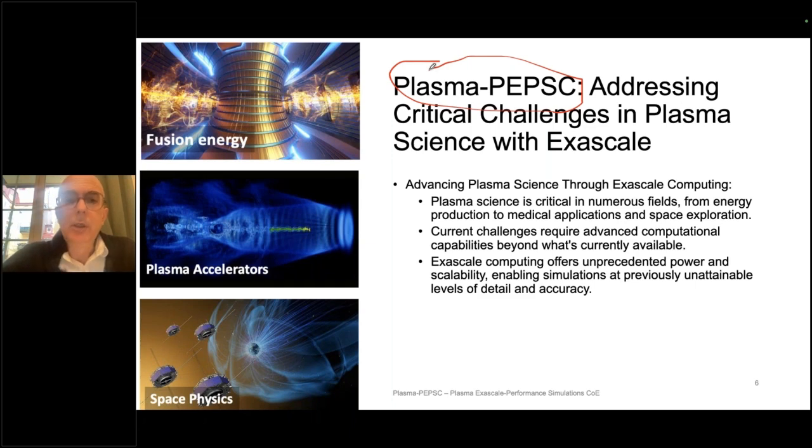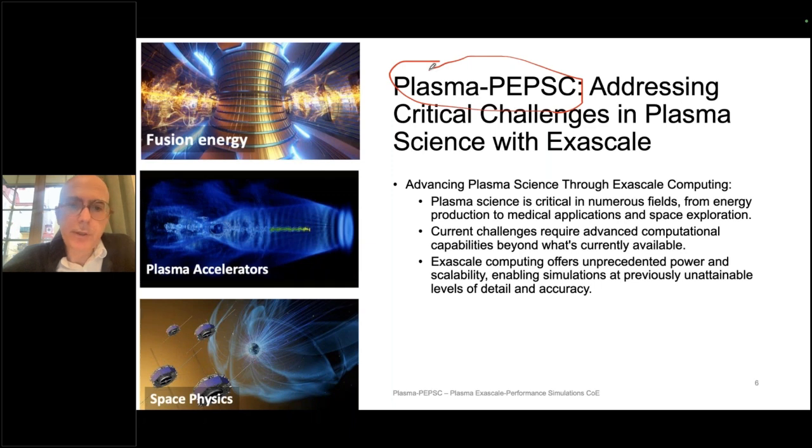The project is driven by science questions, what we call the grand challenges, and we aim to solve these grand challenges in plasma science with exascale computing.